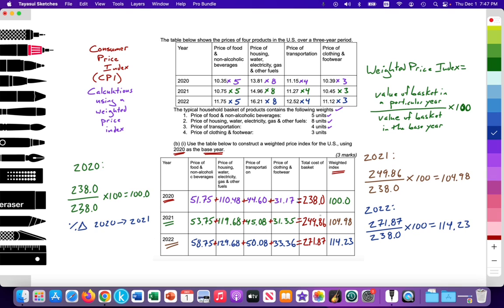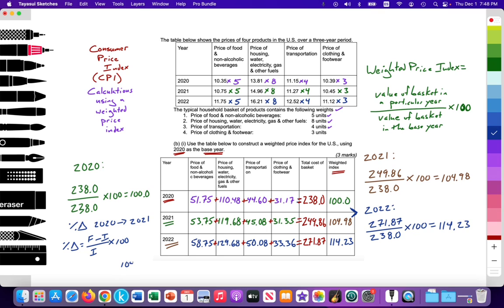As a quick reminder, percent change is calculated as final value minus initial value divided by the initial value times 100. And I want to calculate that for 2021. What's the rate at which prices are increasing from this point to this point? It's relatively obvious, but I'm going to just demonstrate my work.